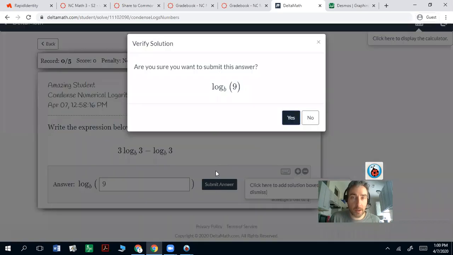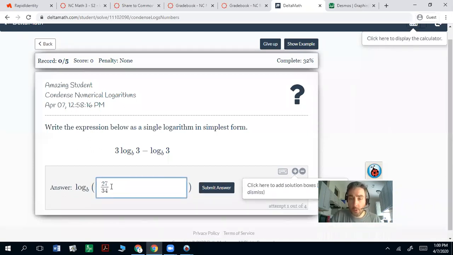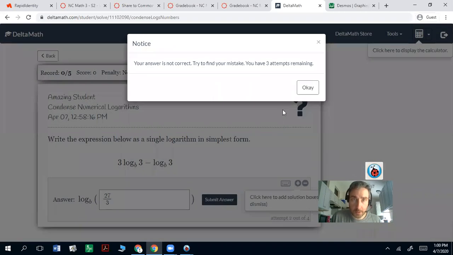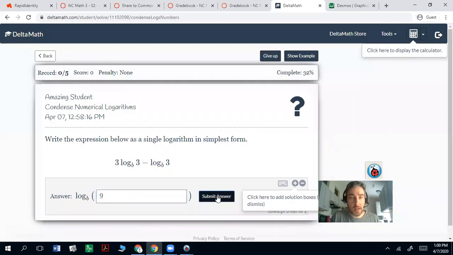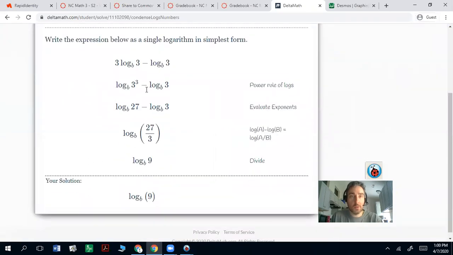Don't put 27 divided by 3, put 9. If I just put 27 divided by 3, it'll probably count it wrong. The answer is not correct. I've got three attempts. I've got to put the simplified answer here. So we do all this work, and you can see the same work I did, but you've got to put the simplified number.